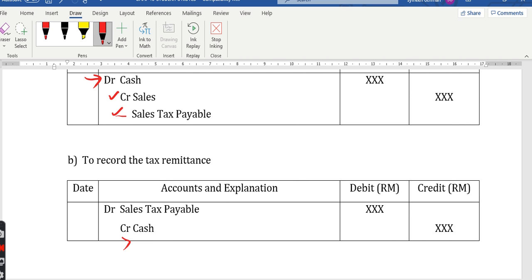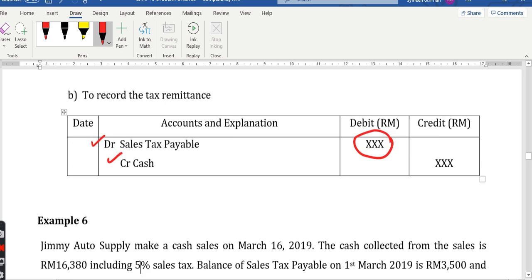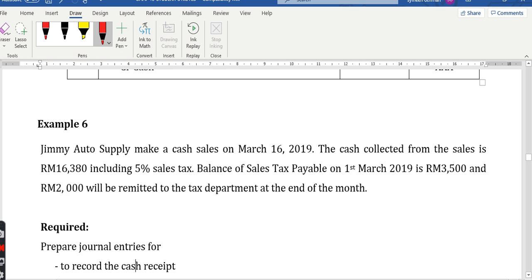So you will debit sales tax payable and credit cash. This is actually the accumulated amount collected during all your sales. It's around 5 to 6% of your sales price that you need to remit to the government. Okay, we look at example 6.